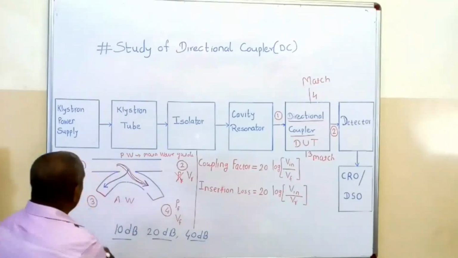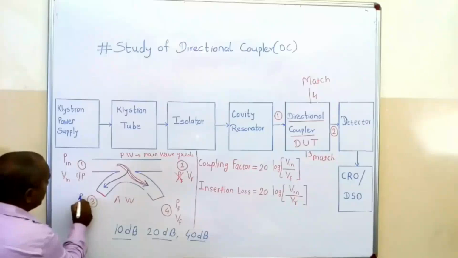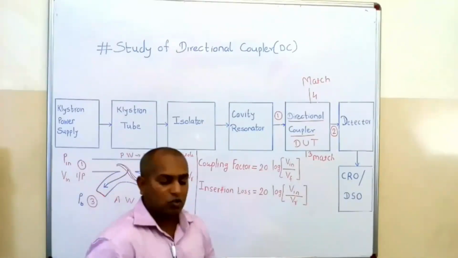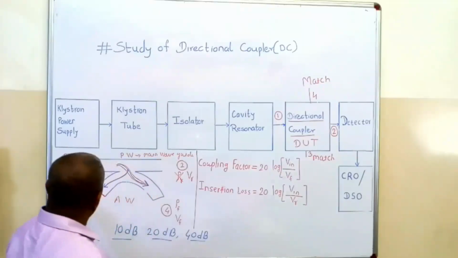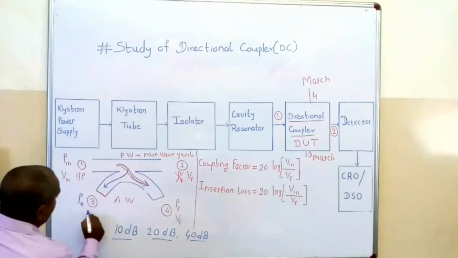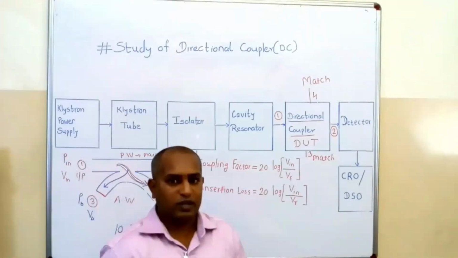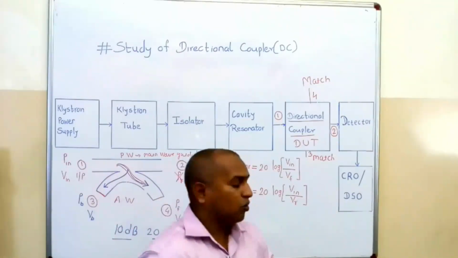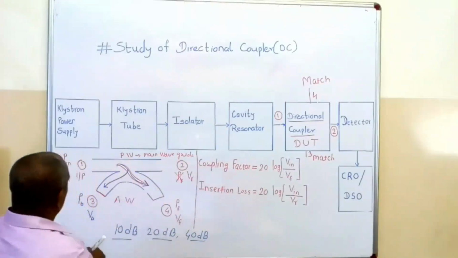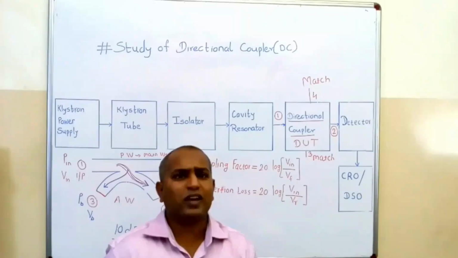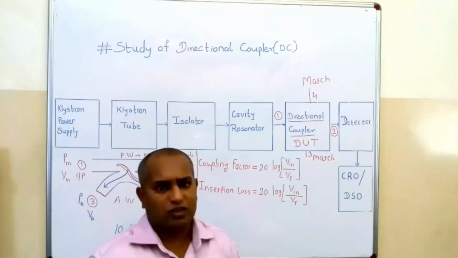Such a power is known as PB, back power. But as I told you, we are not measuring power here, so we will not refer to PB. We will refer to VB, the voltage across port number 3.